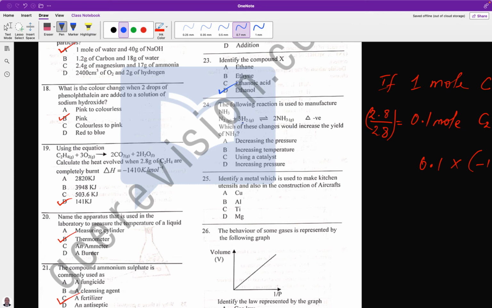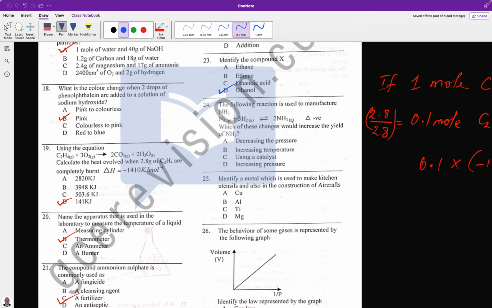Since there are 2 moles on the right and 4 moles on the left, when we increase the pressure, the equilibrium will shift to the side with the lower number of moles, that is, to the right. And if the equilibrium shifts to the right, more ammonia is going to be produced.